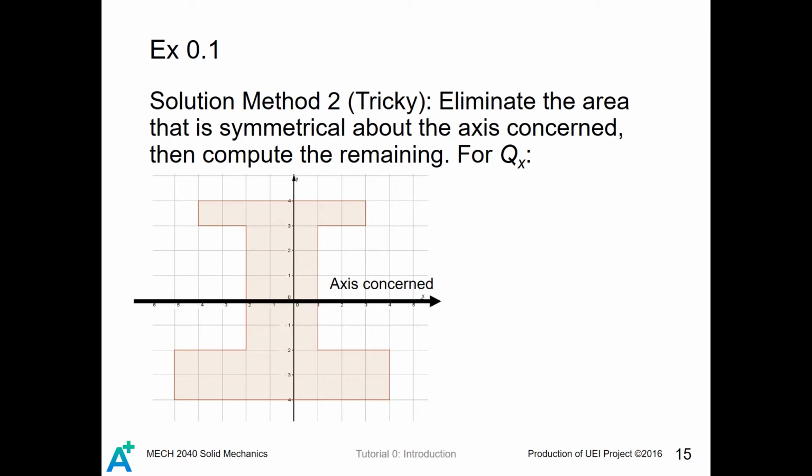So what region is symmetrical about this axis? Well, it is significant that we can eliminate this 3 times 4 region and another 3 times 4 region below.